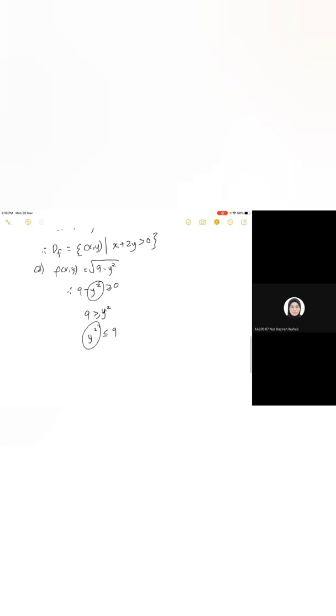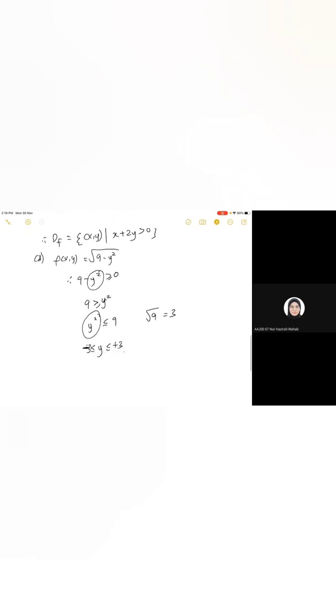So bila saya nak buka y kuasa 2, dia mesti ada positif, negatif kan. The negative will be sebelah kiri, the positive will be to your right. Then the y will be here. So square root 9 will be equals to 3. So this will be negative 3 and this will be 3. So this will be your answer for y.